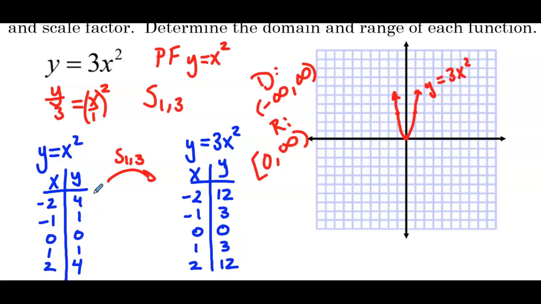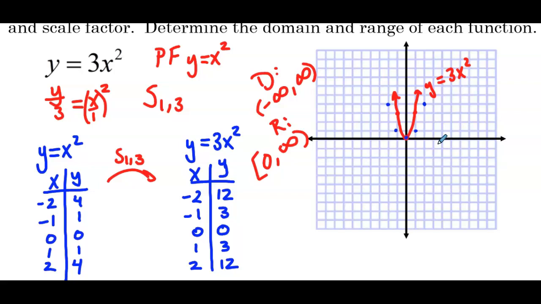Now, we could also plot the points of the parent function, just for comparison, 0, 0, 1, 1, 2, 4. And we can see that the graph is being vertically stretched, so it's more narrow in comparison to the parent function.